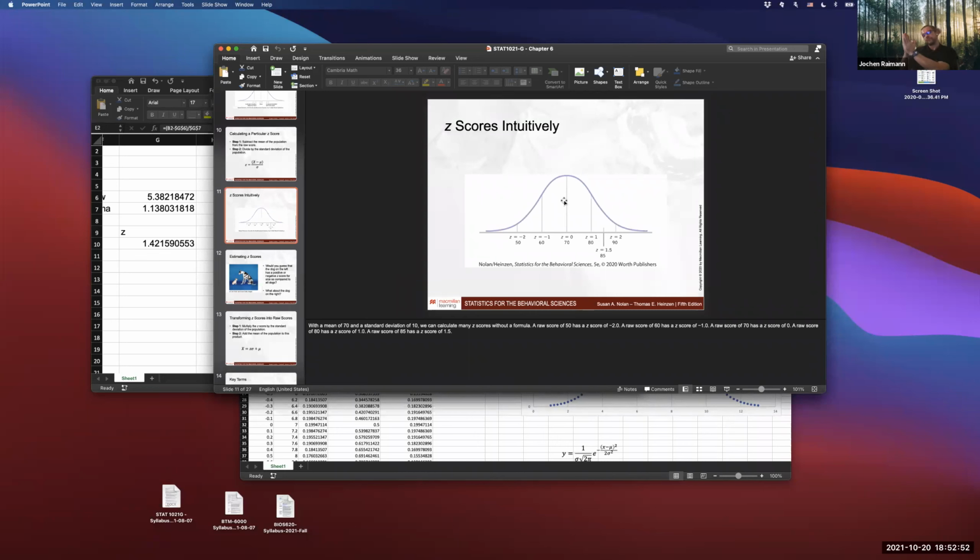And the mean will just shift the entire bell to the right if it's a larger mean, or to the left if it's a smaller mean. The shape of the bell, so whether it's more a Rubenesque bell or more a skinny Gothic bell, will basically be determined by the standard deviation that is either smaller or large.